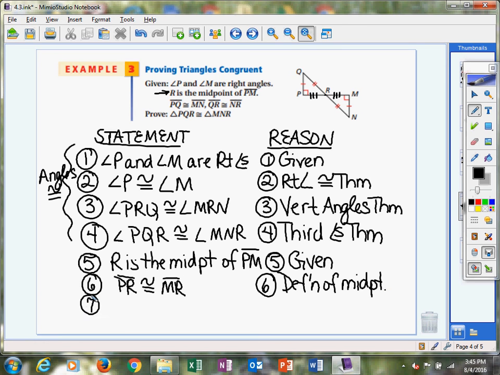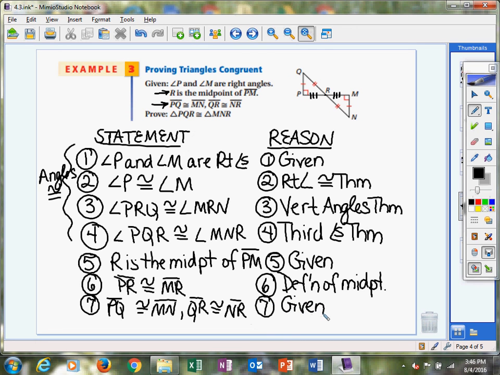And then we already know about the other sides, those are given, so we can write down PQ is congruent to MN, and QR is congruent to segment NR. And we can write down, well, that was given originally.